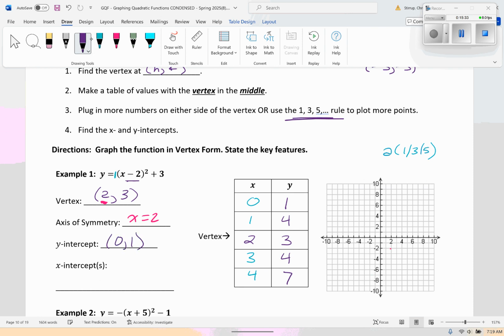Our x-intercepts, so let's see if we can start plotting this graph. I have 2, 3 there. For some reason, it does not like this graph. So I'm going to do my graph right here.